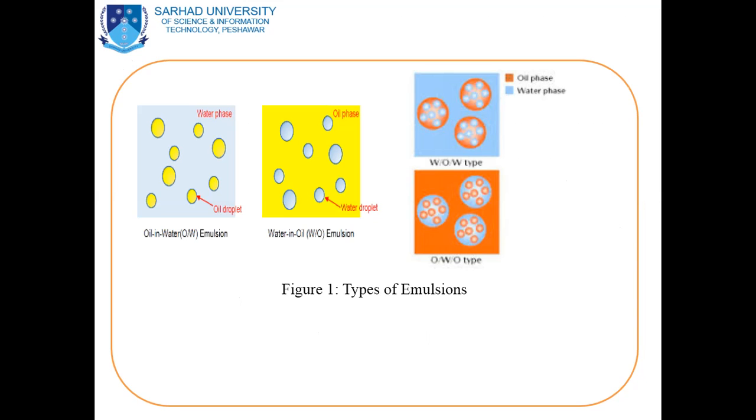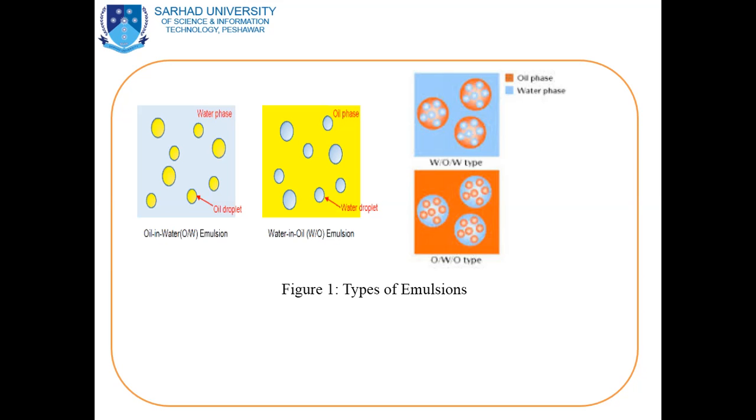You can see figure number 1, which clearly explains the various types of emulsion on the basis of dispersed phase or internal phase. Either the internal phase is oil or water.